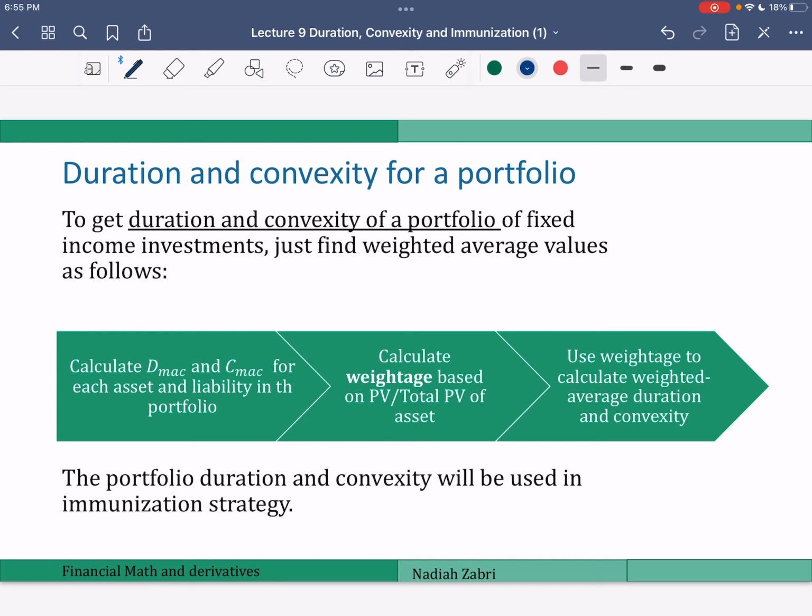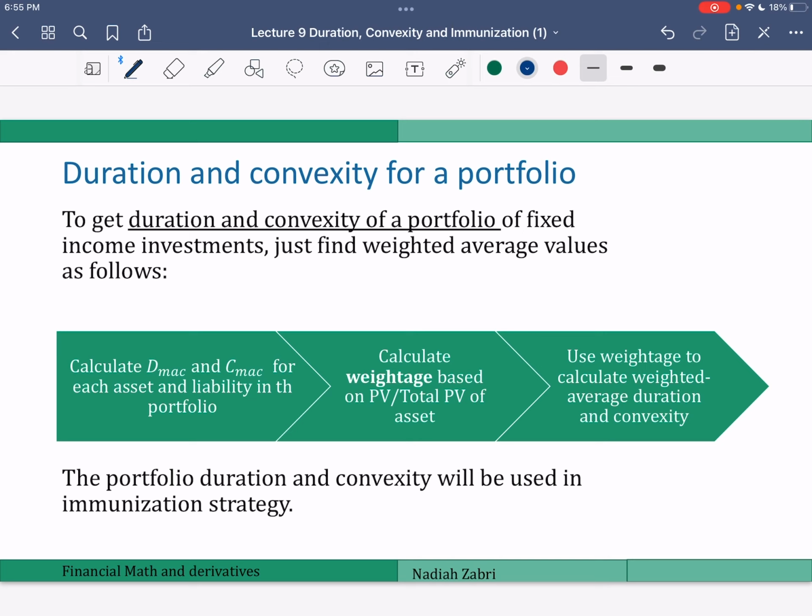Once it is applied to a portfolio, the concept is still the same. However, it can really ease the process of monitoring the impact of a change of yield on our whole portfolio. To be able to do that, first we need to compute the duration and the convexity of a portfolio.